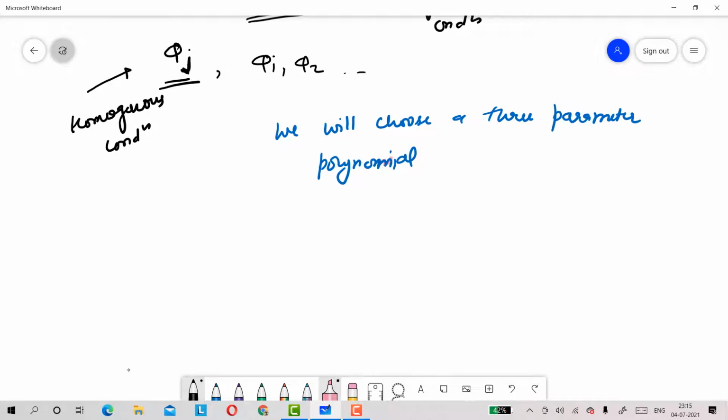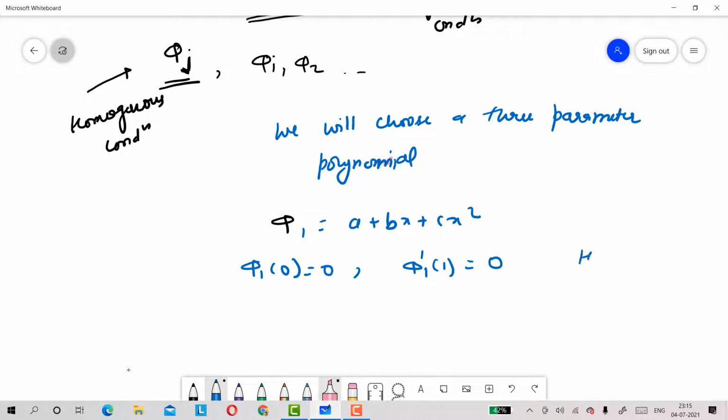Let's say phi 1 equals to a plus bx plus cx square. And we know the conditions are phi 1(0) equals to 0 and phi dash (1) equals to 0. This is a homogeneous condition. The non-homogeneous condition we have already solved.